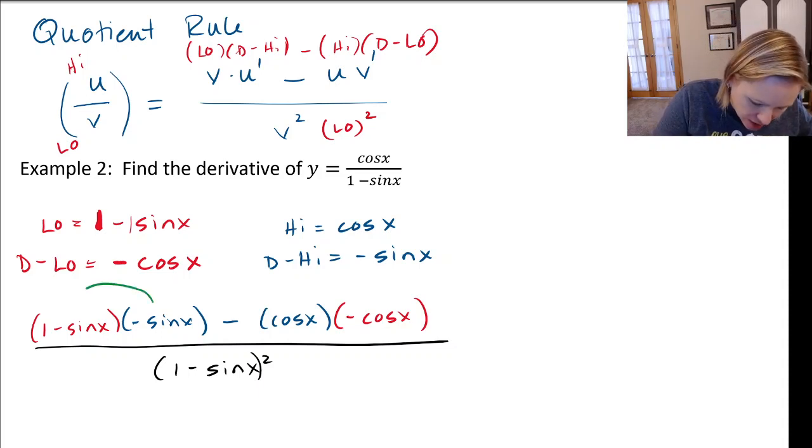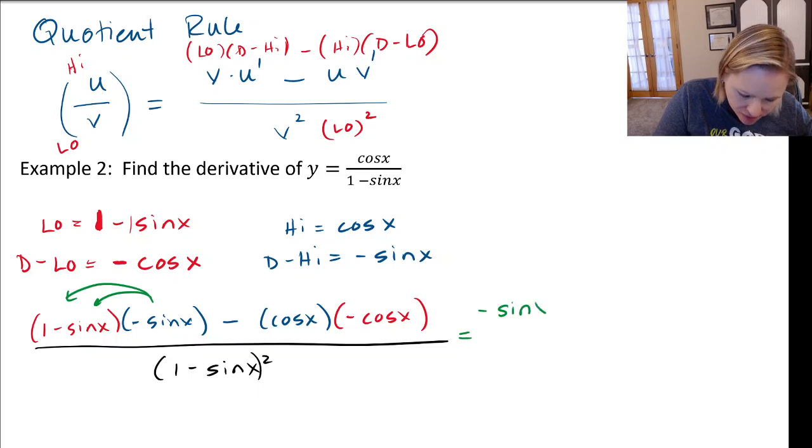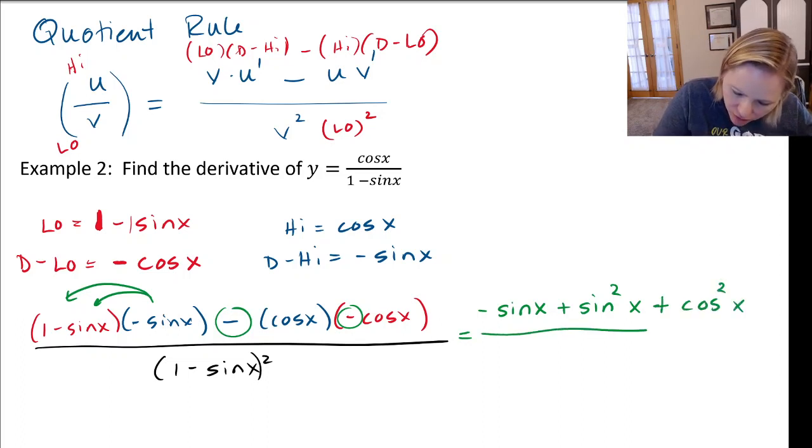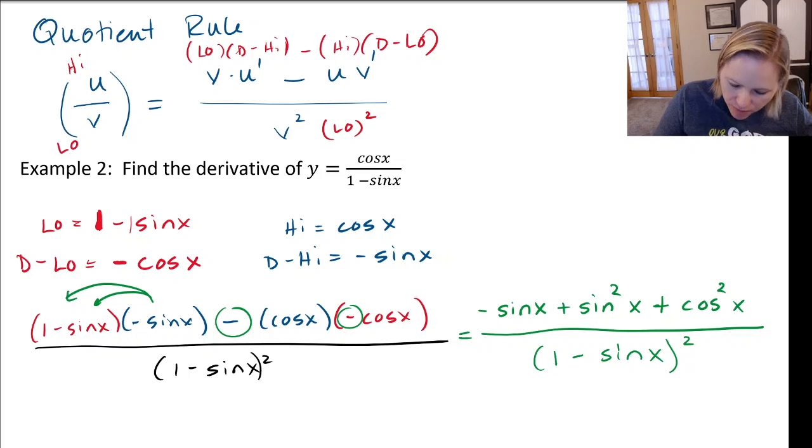So I'm going to distribute that negative sign throughout, and I'll have negative sine of x plus sine squared x minus, actually it's going to turn into a plus because I'm going to have minus and minus. So plus cosine squared x, that should look familiar, all over 1 minus sine of x, all being squared.